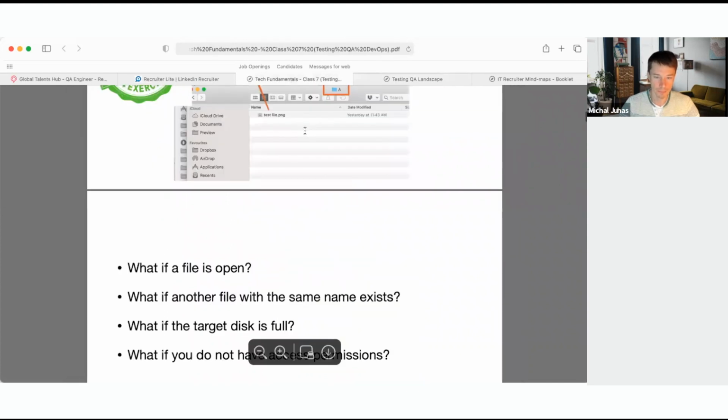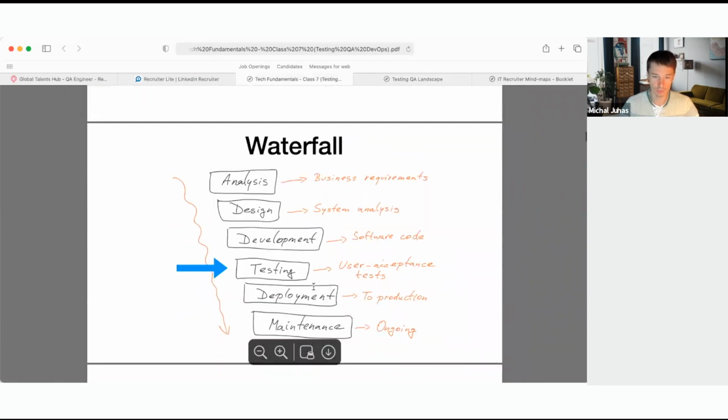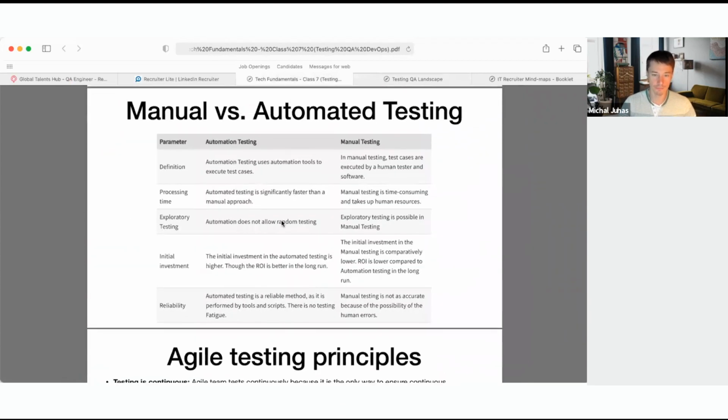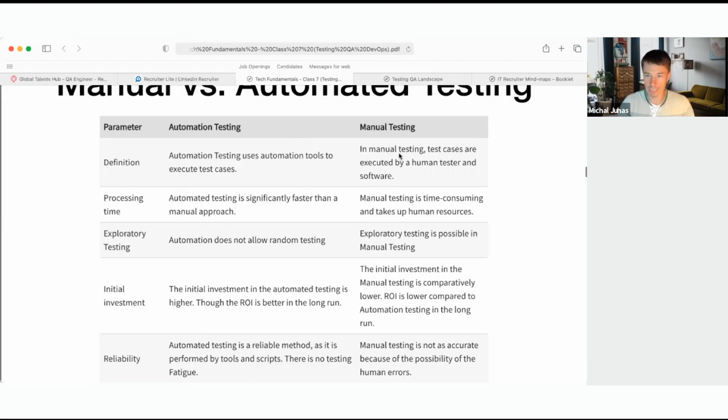Cool. So there was just one thing I wanted to show you when it comes to DevOps, because there has been this shift from manual to automated testing. So manual testing was all about someone manually going through all these test cases, but with automated testing, the QA engineer or test automation engineer would use automation tools to execute test cases.